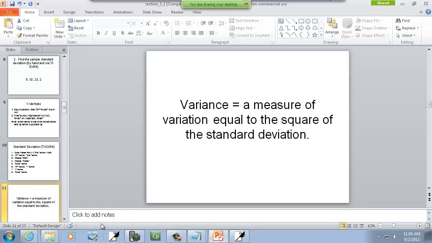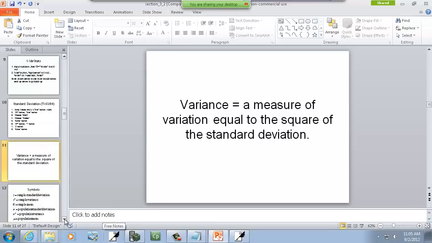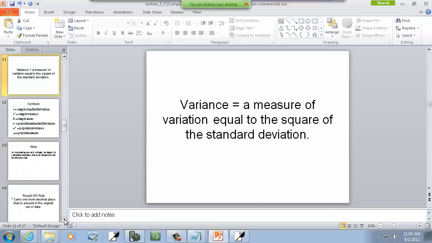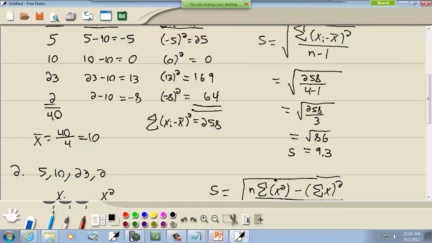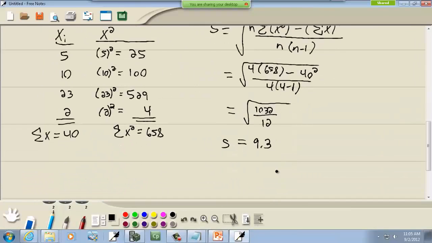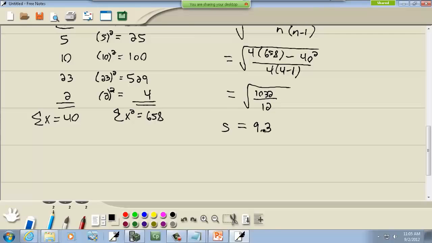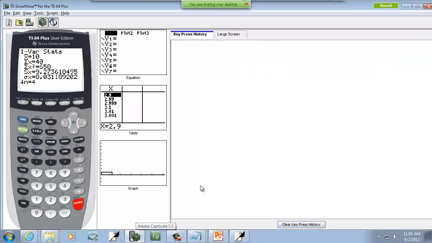Now our variance. The variance is the measure of variation equal to the square of the standard deviation. So if I ask you for variance in a problem, very simple, you'd square your standard deviation. So like here, when I get this value, I'd want to square it. So let me show you.